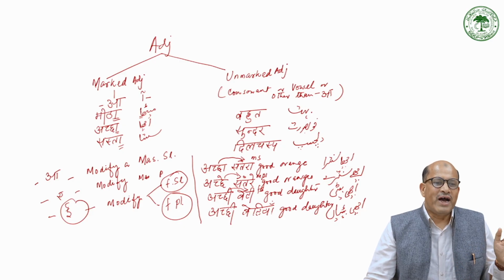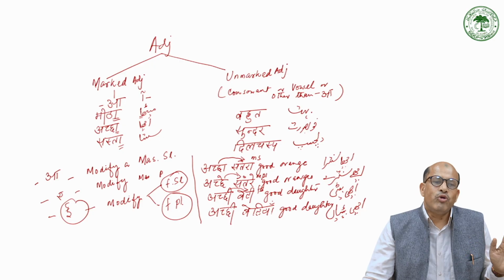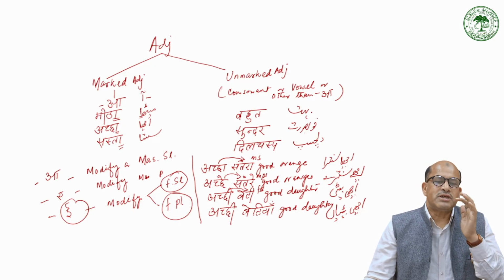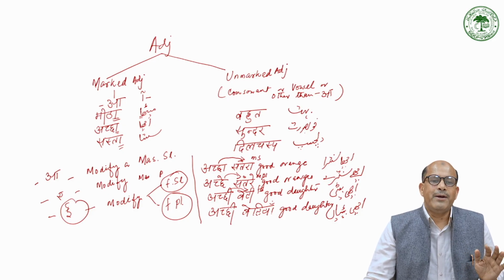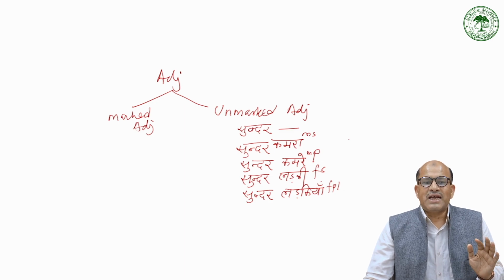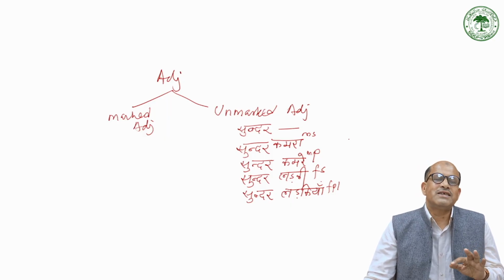So a modifies the masculine singular noun, e modifies the masculine plural noun, and ee modifies both feminine singular and plural nouns. And the examples for this: अच्छा संतरा, अच्छे संतरे, अच्छी बेटी, अच्छी बेटियां. And in the same way we have unmarked like सुंदर कमरा, सुंदर कमरे, सुंदर लड़की, सुंदर लड़कियां, because an unmarked adjective does not change at all in any of its combinations.